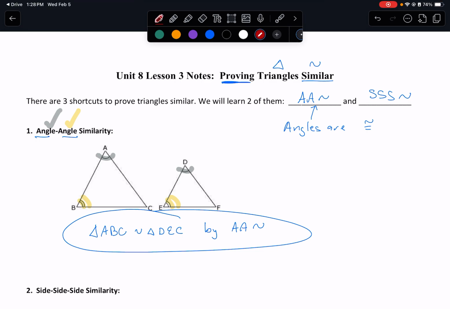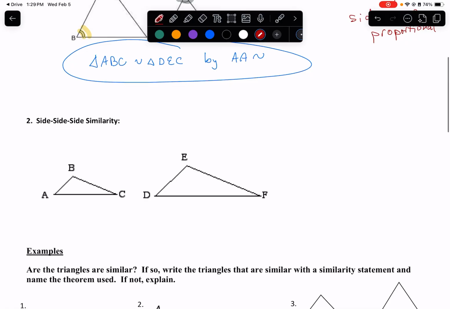The other thing we talked about with similar figures is that sides are proportional. It means that they've been multiplied by the same scale factor to go from the pre-image to the image. So when we do side-side-side similarity, what we're looking for is three pairs of sides that are all proportional to each other.